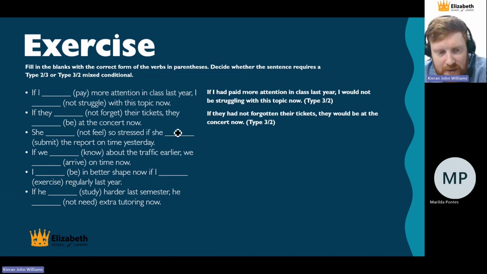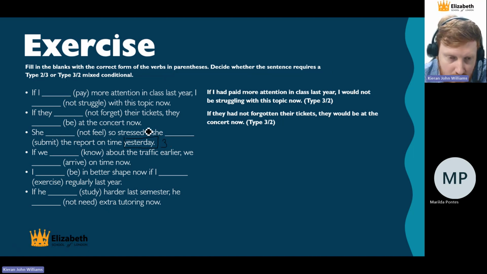All right. Moving on to the third example. Again, let's try to find some clues about if it's present or past. In the first part, there is no kind of help there, but here it tells us about yesterday. So we know that yesterday is the past, so that's going to be third conditional. But just notice here, if is in the middle of the sentence.